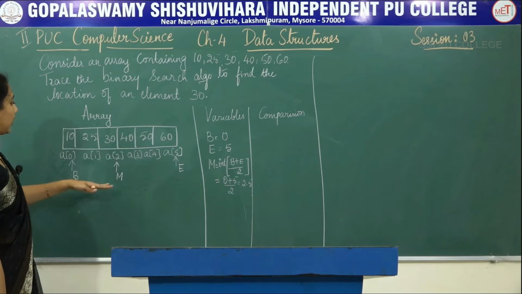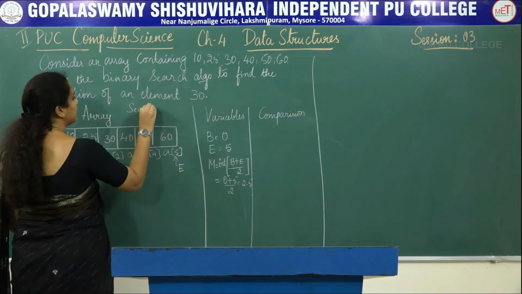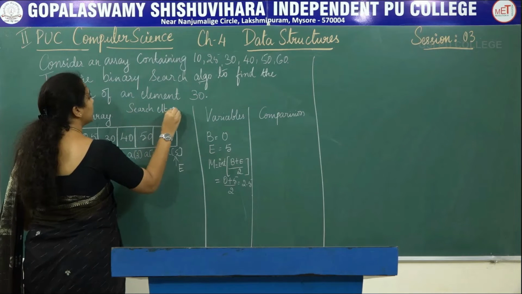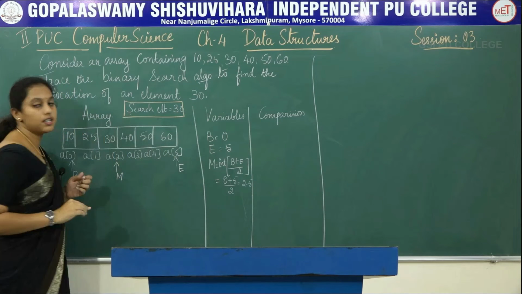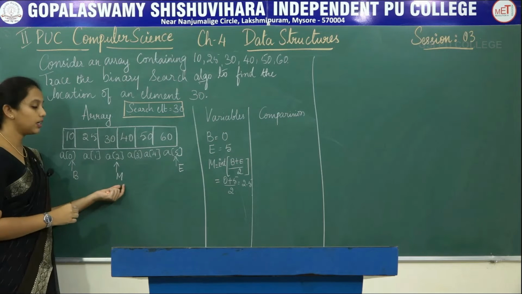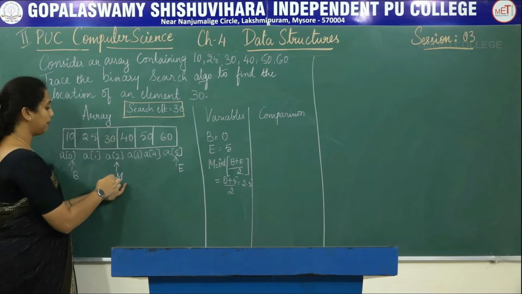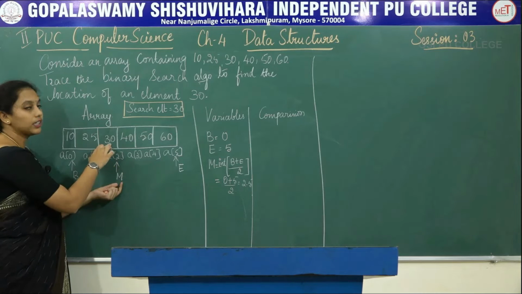So now I have to compare the search element. What is our search element? Our search element is 30. So I am comparing it with the middle element. First I have to compare it with the middle element, whose value is 30.